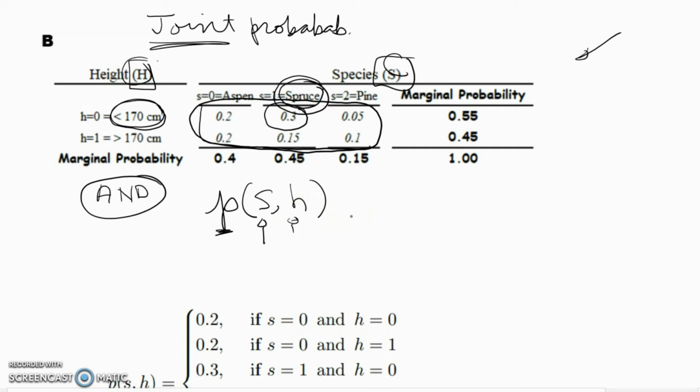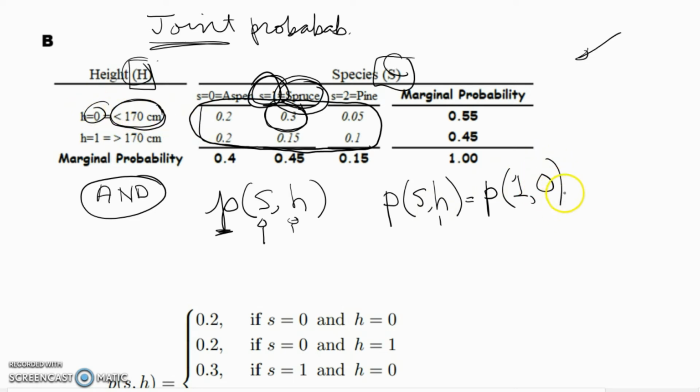For example, if we want to consider this value 0.3, where would that come from? That would be the probability P(S,H) equals the probability that the value of S is equal to 1 and the value of H is equal to 0, and we'd say that is equal to 0.3.